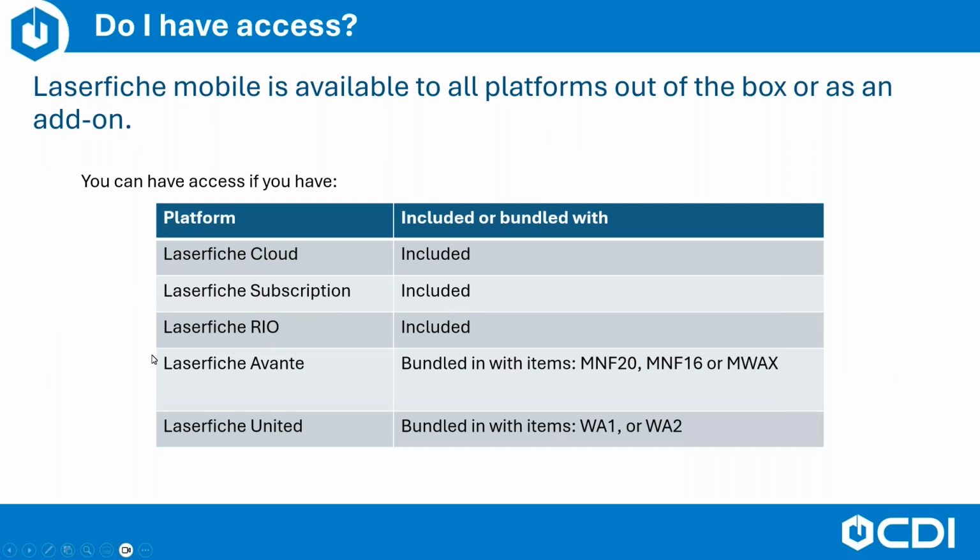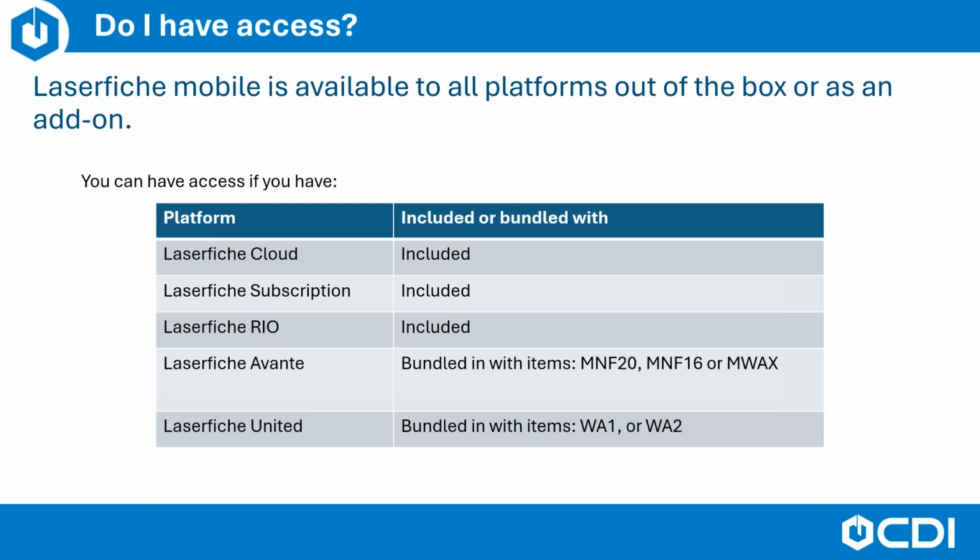So if you have a self-hosted subscription of Laserfiche, the mobile app is included. But if you have a self-hosted instance of Laserfiche, which is any of these 4 options down here, the mobile app does need to be installed within your environment. And so it's either just bundled in or it's an add-on. And so if your environment has the ability to access Laserfiche through the module called Web Access, where you open up a browser and you navigate to your Laserfiche instance, if you have that within your organization, you also have Laserfiche Mobile.